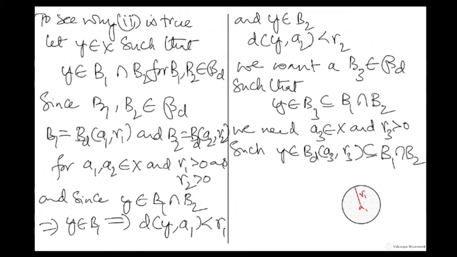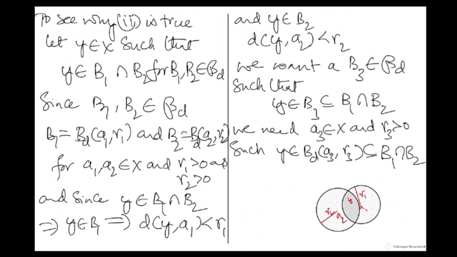Let there be another open ball of radius r2 centered at a2, and our point y is somewhere here.